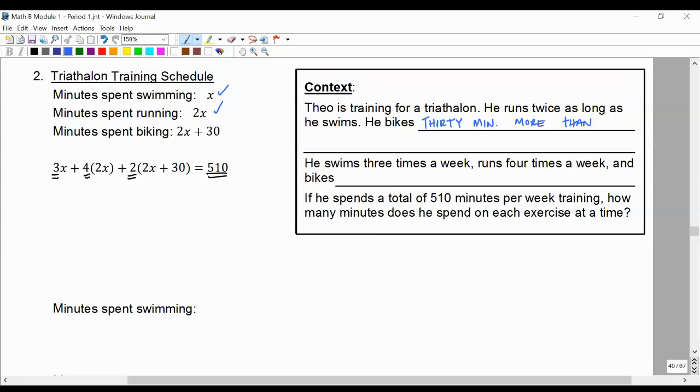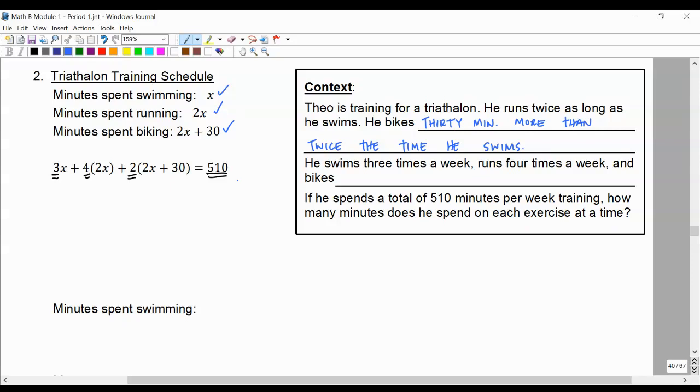Let's choose this one where it always goes back to swims. Let's read it again. 30 minutes more than twice the time he swims. All right, we got this now.